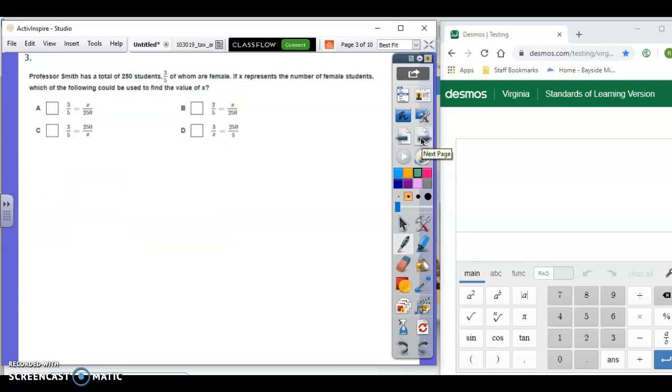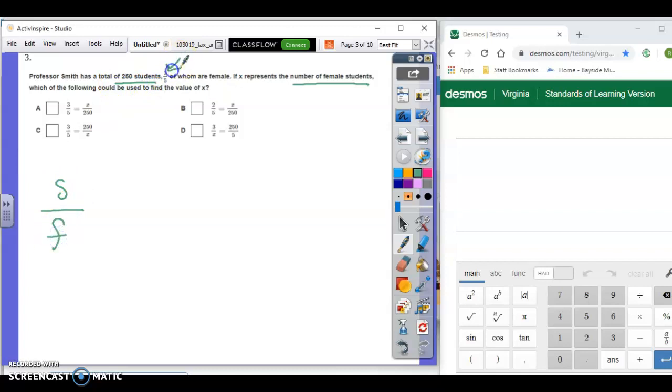Number 3. Professor Smith has a total of 250 students, 3/5 of whom are female. If X represents the number of female students, which of the following could be used to find the value of X? So what we have here is students, so S for students, and F for female.